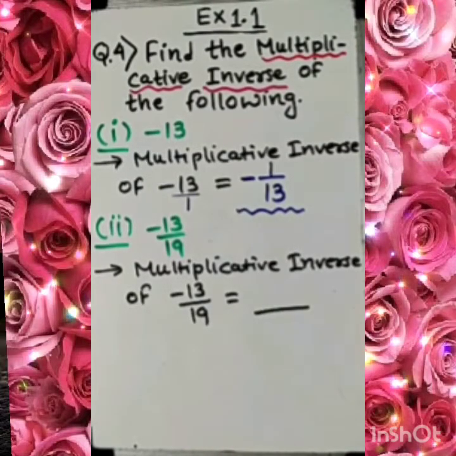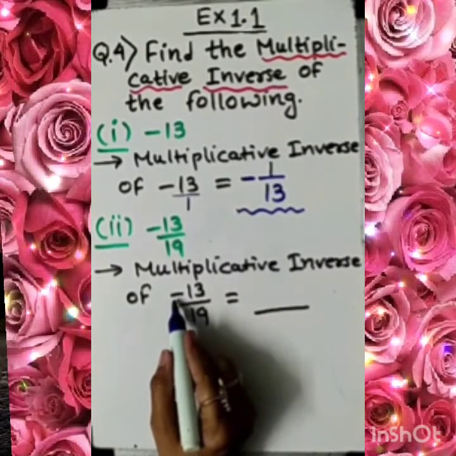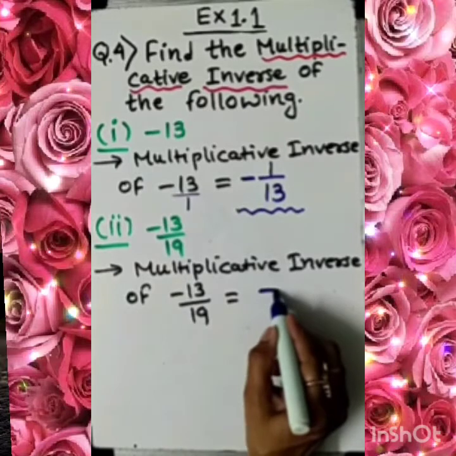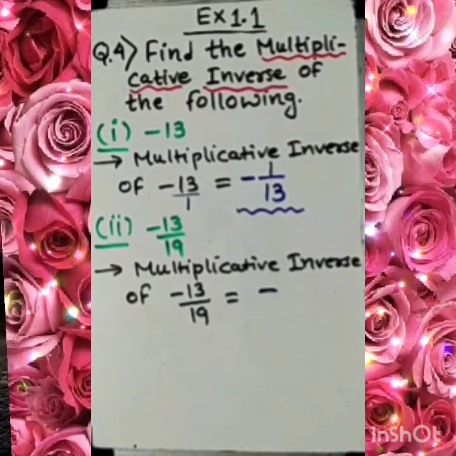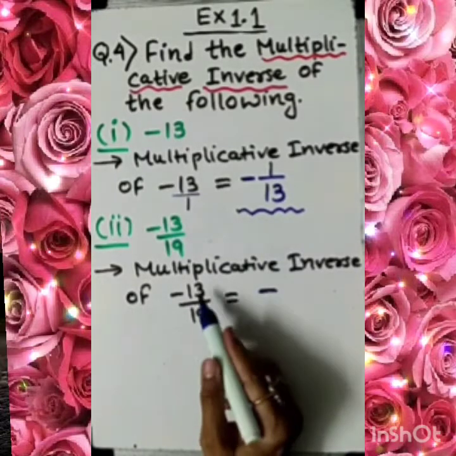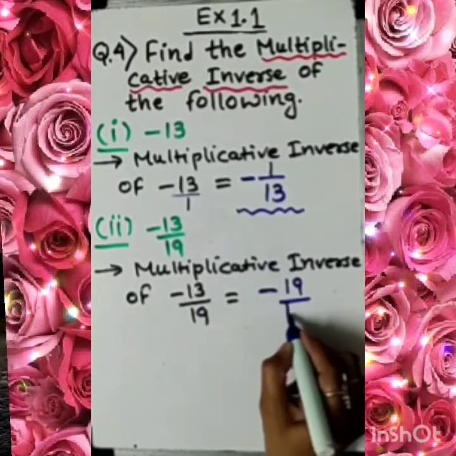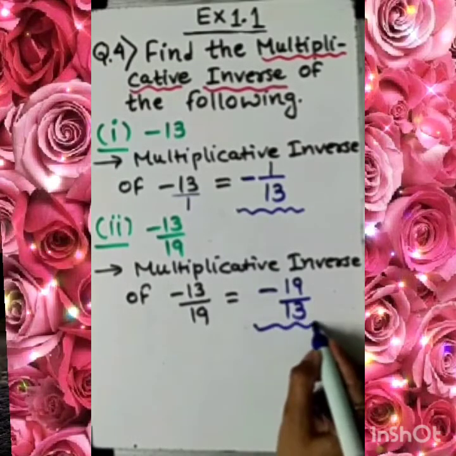Now see, dear student, as we know, we do not have to change the sign. So this sign remains as it is. Only we need to exchange the numerator and denominator. So of course the answer will be minus 19 upon 13.